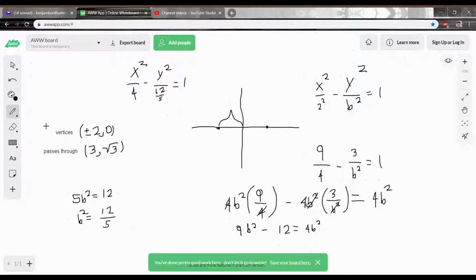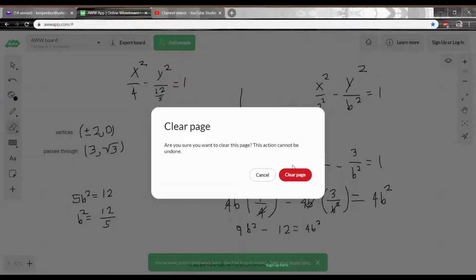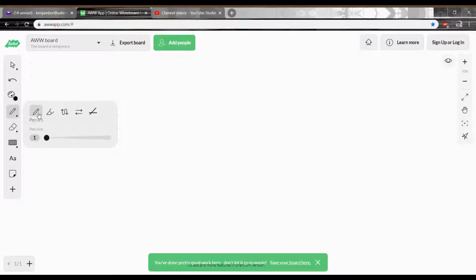What about hyperbolas that are not centered at origin? You might guess how we do that, so I'm just going to write our standard equations for a hyperbola at origin. For a horizontal transverse axis, we have x squared over a squared minus y squared over b squared is equal to 1.